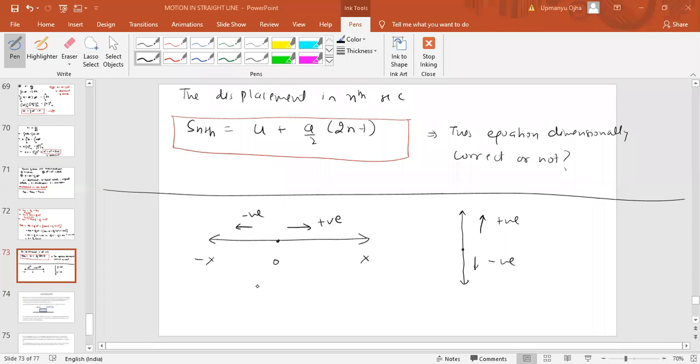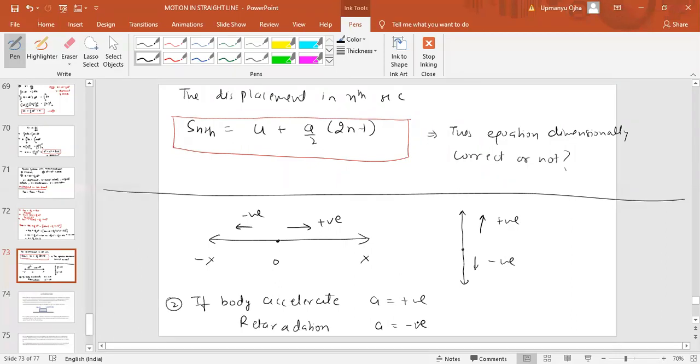Now, if the body accelerates, then a is taken as positive. If retardation is there, then a is taken as negative.